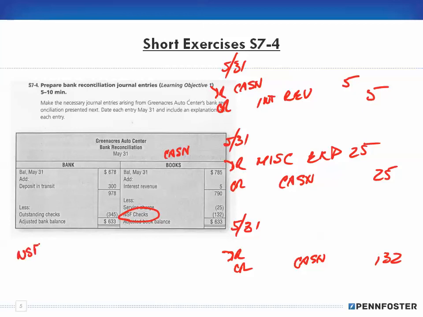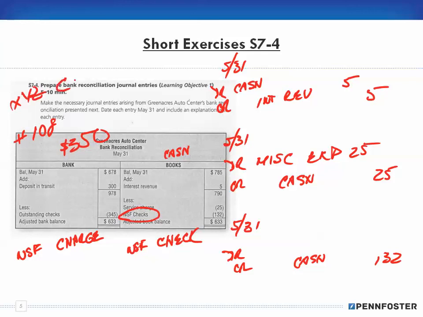Let me try to clarify this by explaining it this way. Somebody writes you a check, let's say check number 108, in the amount of $350, from XYZ company, and they're mailing you this check in payment of their accounts receivable.